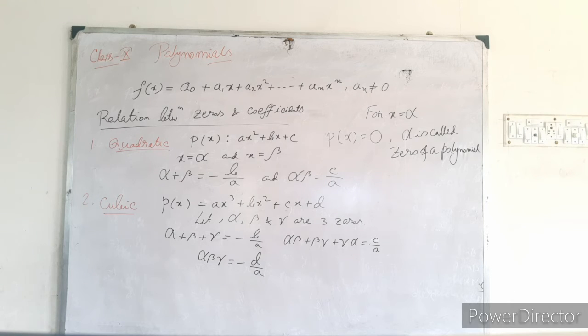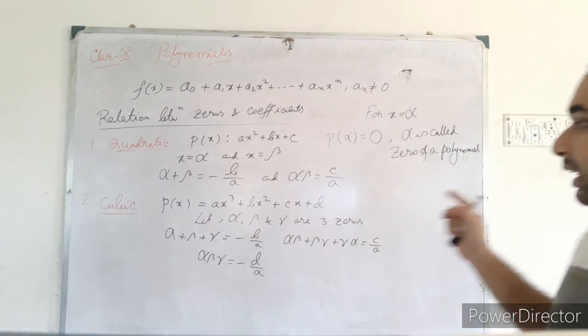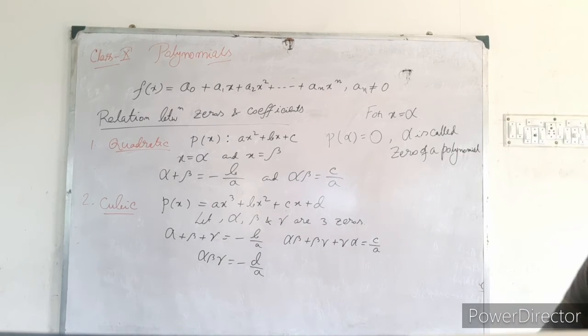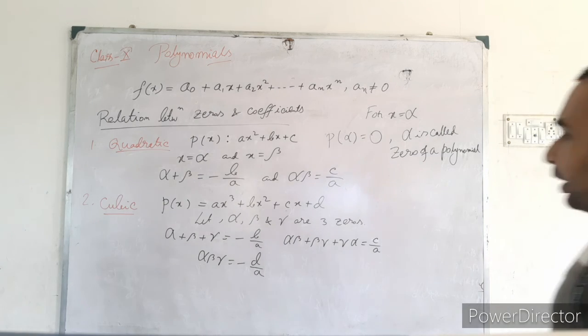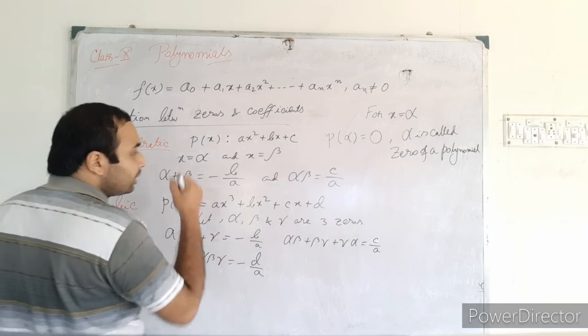It is similar to the quadratic polynomial, but here some changes are there. The sum of the zeros is minus b by a, obviously. The sum of the products in pairs, that is alpha beta plus beta gamma plus gamma alpha, is c by a. Finally, the product of the three is minus d by a.